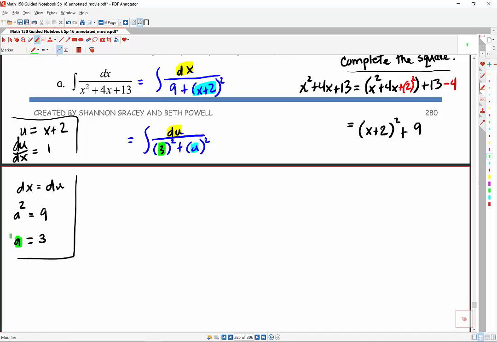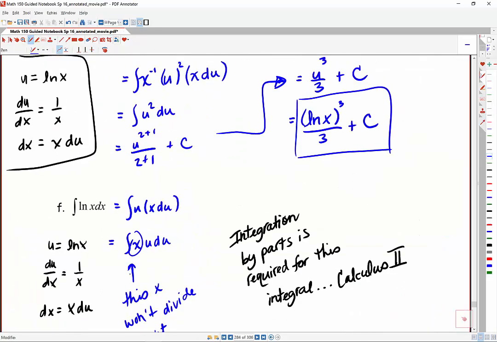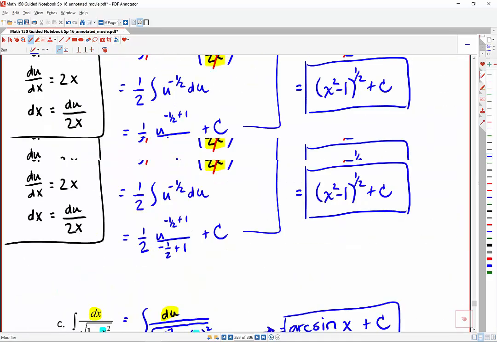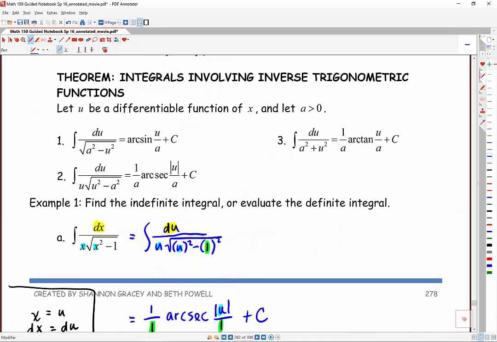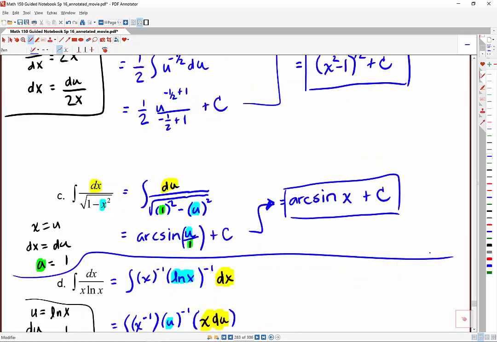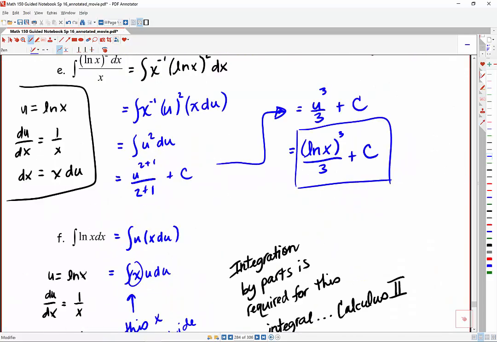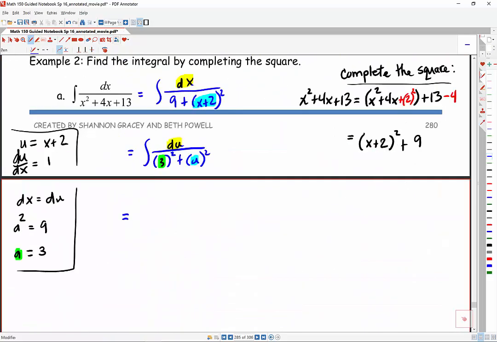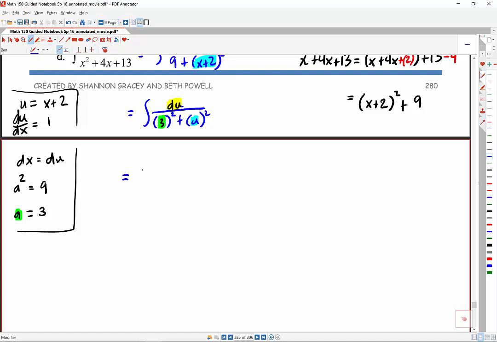All right, so now let's see what we've got going on. This is going to give us a result of, so what was that formula? 1 over a, right? 1 over a, arctangent of u over a plus c. So we get 1 over a, which was 3, times arctangent of u over a, which was 3, plus c.